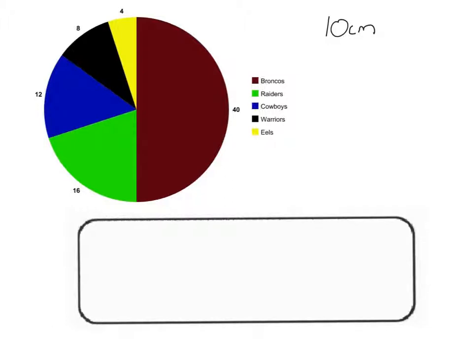So again, if the bar's 10 centimetres long, remember that Broncos were 40 out of 80 people, or a half, so they were 40 over 80. But instead of times by 360 degrees here, because I'm not using a circle, I can just times by 10 centimetres. So half of 10 centimetres, or 40 over 80 times 10 centimetres, is just, you guessed it, 5 centimetres.